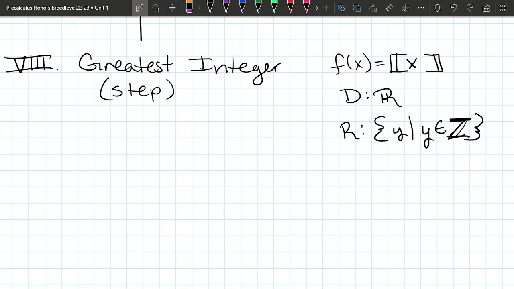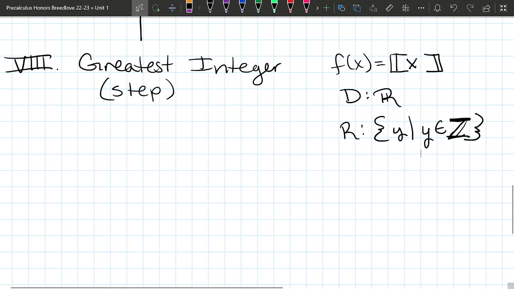That's why I'm going to go over it again. It's the set y, and then this line, such that y is an element of integers. Z with two lines is the set of integers. So like we have the set of all real numbers, and it's this R with two lines. Z with two lines is integers.